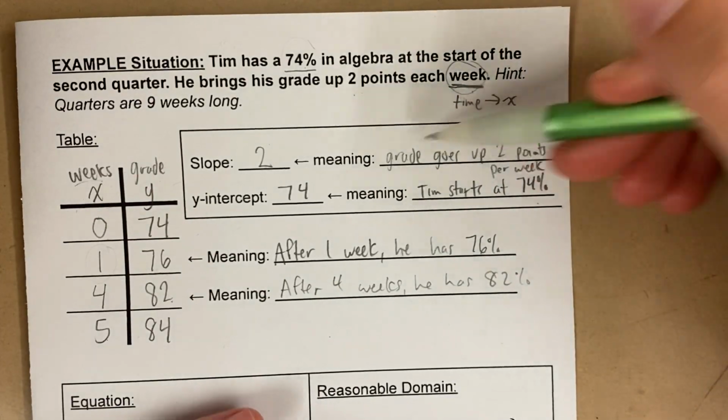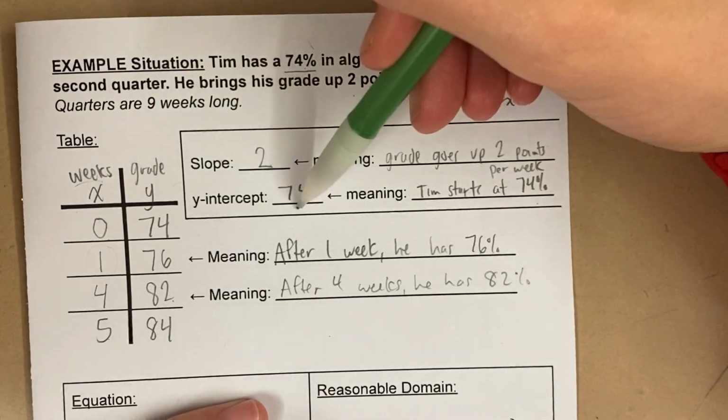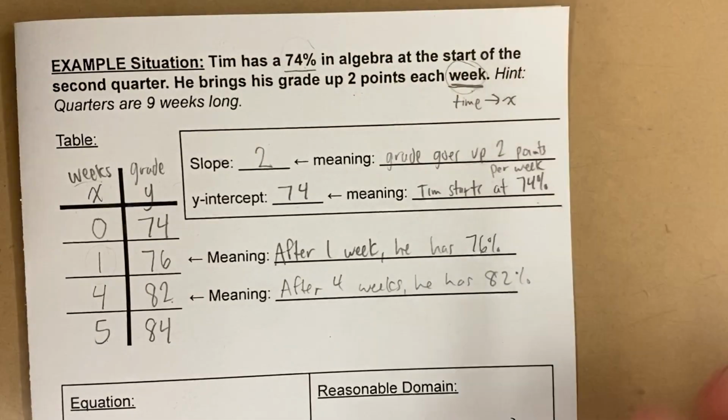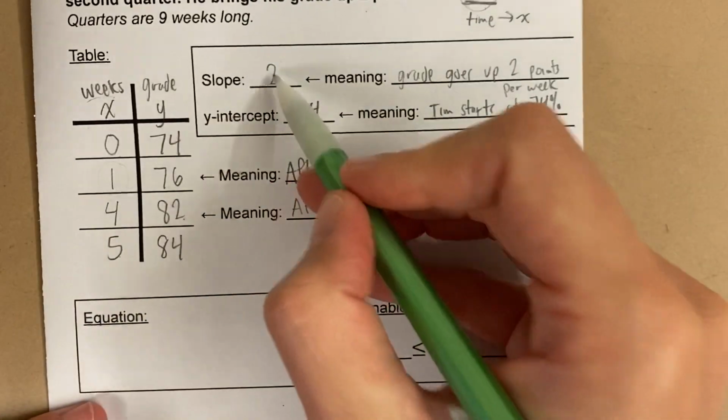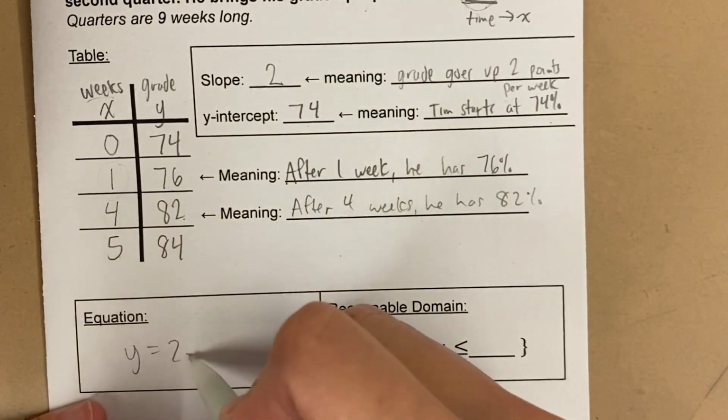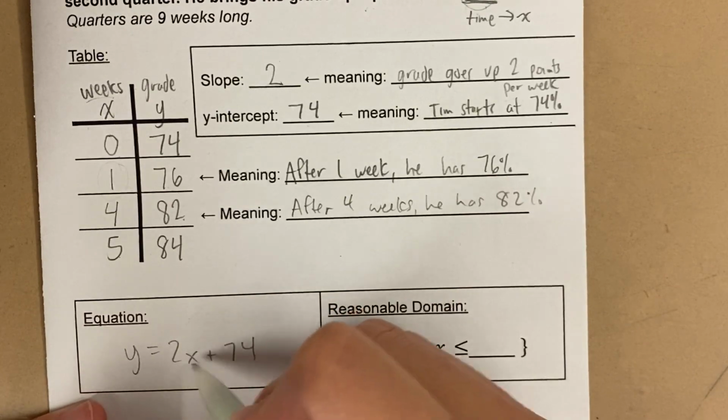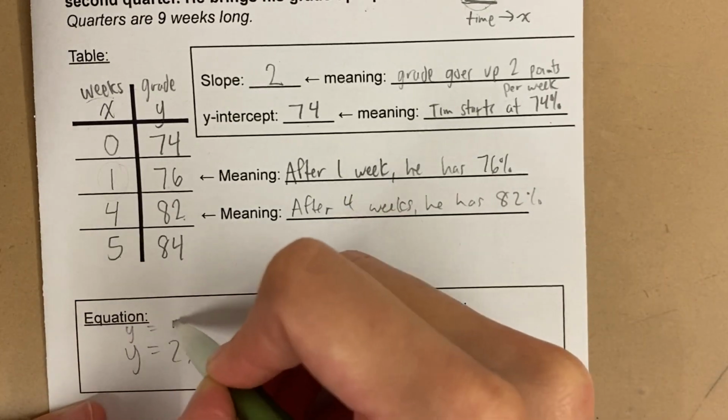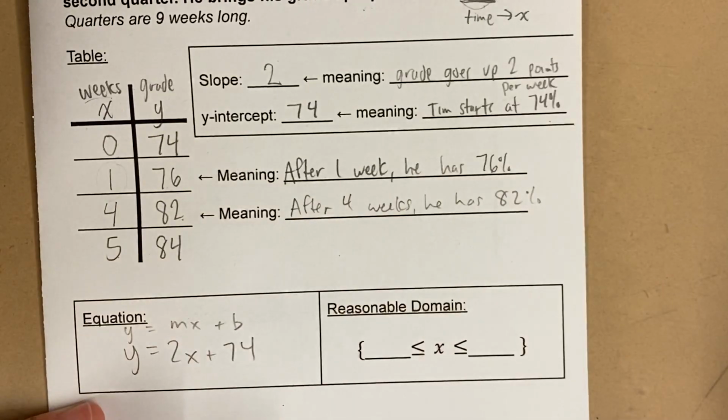This number is changing. It's going up 2 points per week. Now, what's the equation? Now I have a slope and a y-intercept. y equals 2x plus 74. mx plus b. This is never going to be a mystery. This is always going to be mx plus b.